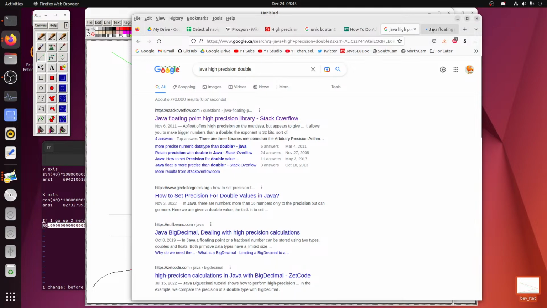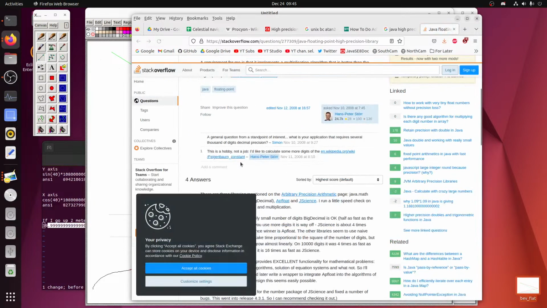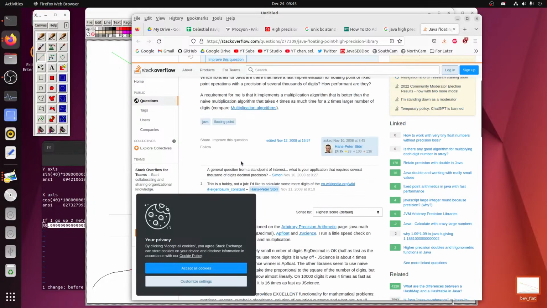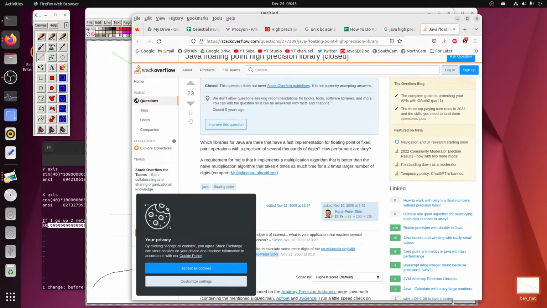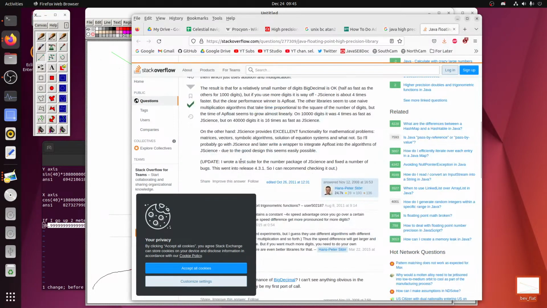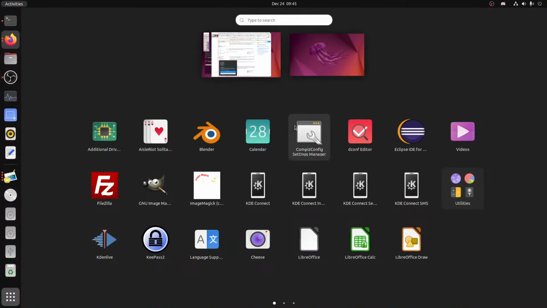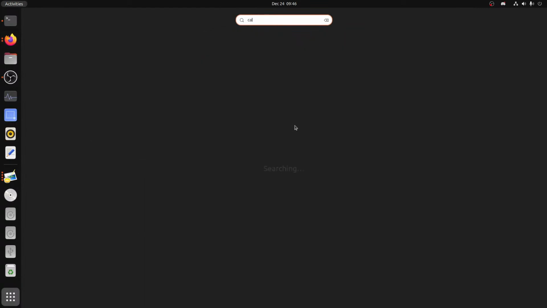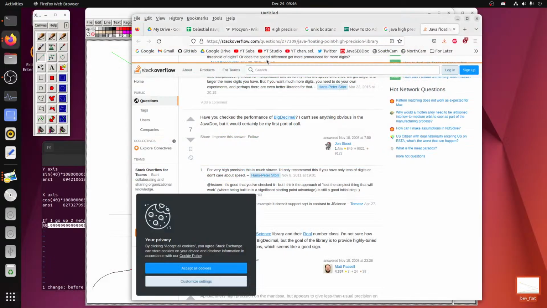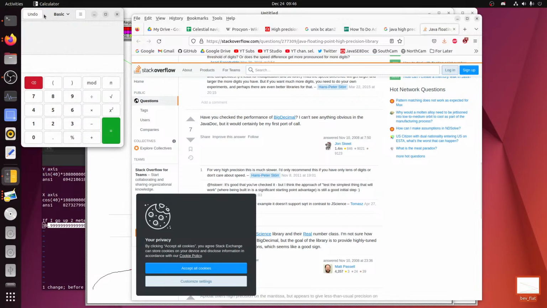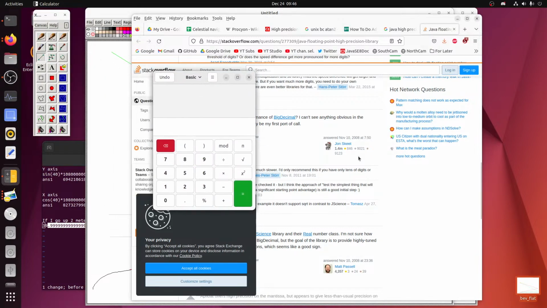So there are some high precision, I think it's big number, is it? And do I essentially create a high precision thing like this?